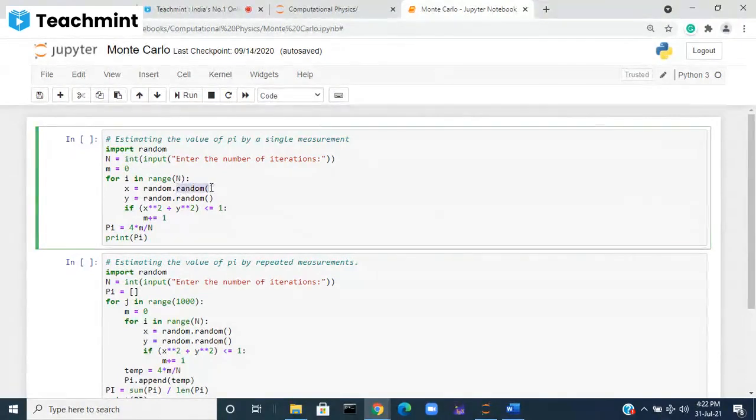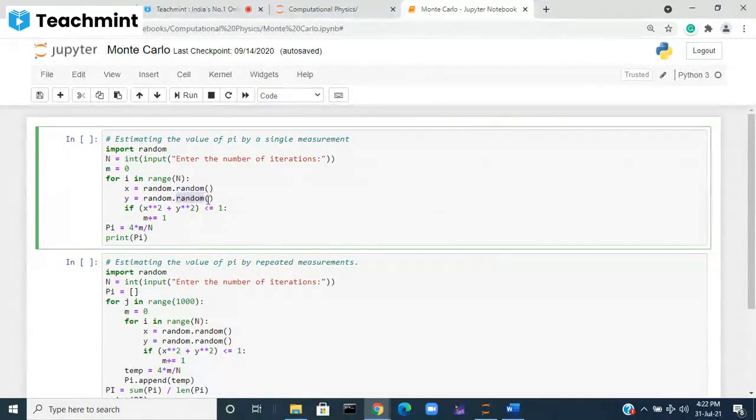This is a method or also a function. This random method generates a random number which lies between 0 and 1. So the value of x will always lie between 0 and 1. The value of y will always lie between 0 and 1.